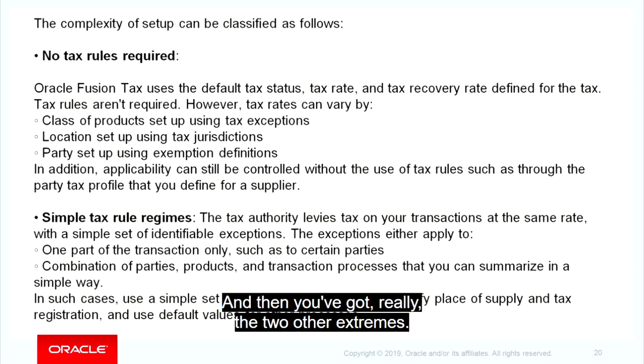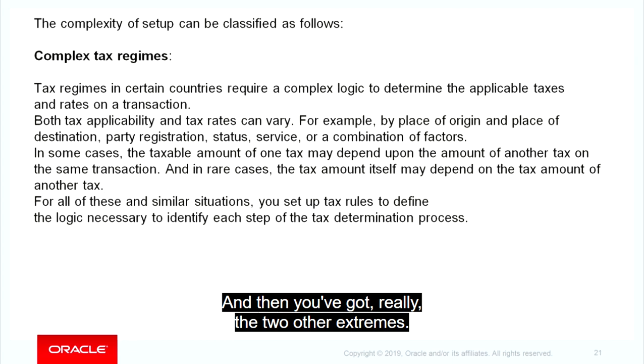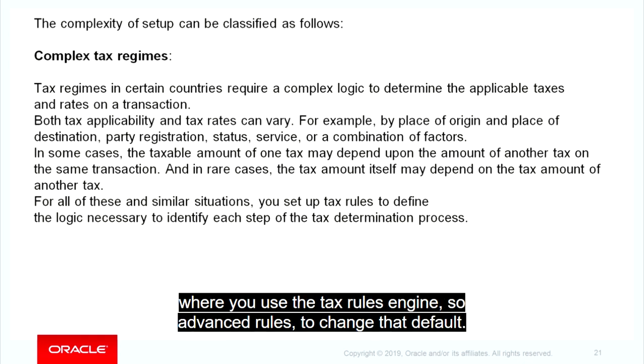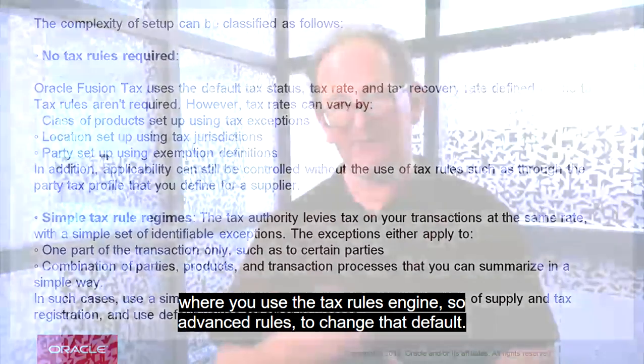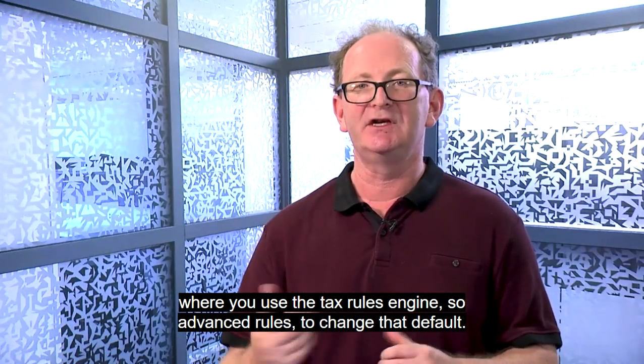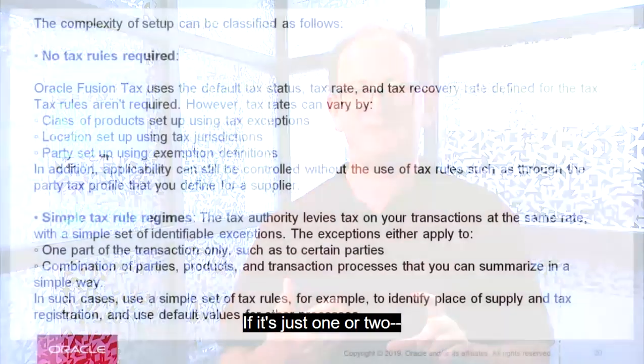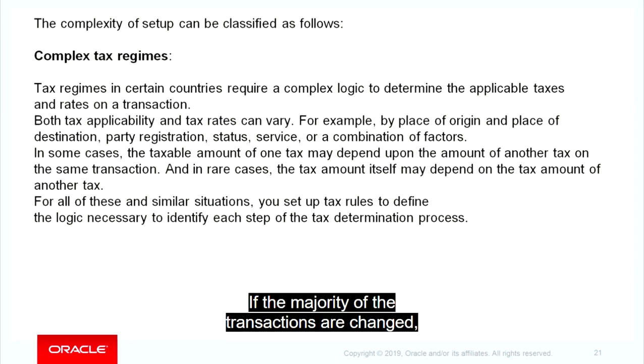And then you've got really the two other extremes. We've summarized those in a previous slide, where you use the tax rules engine, so advanced rules, to change that default. If it's just one or two, simplified. If the majority of the transactions are changed, then you're probably looking at the complex regime.